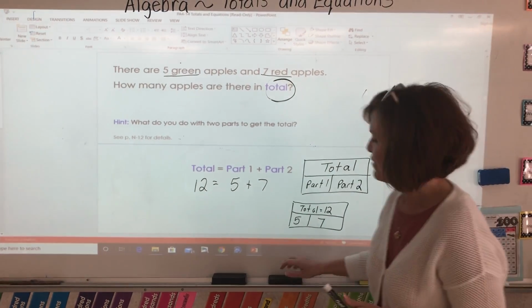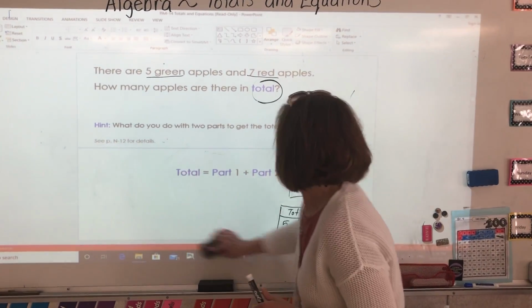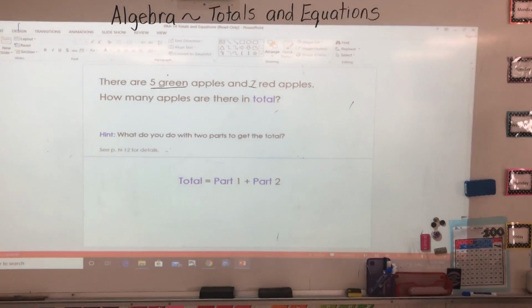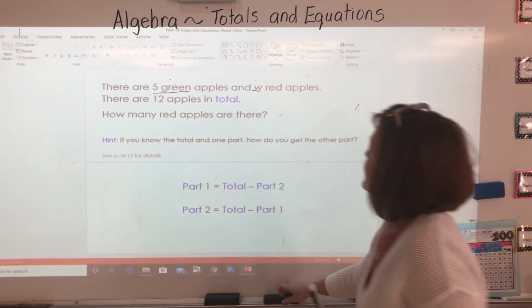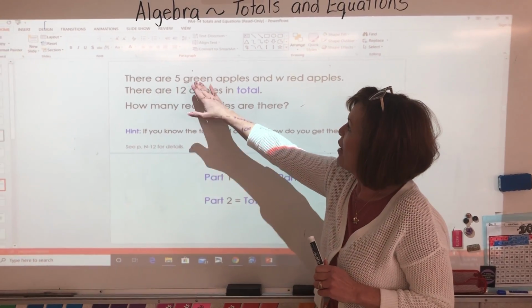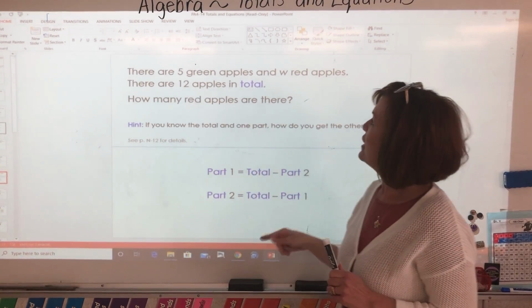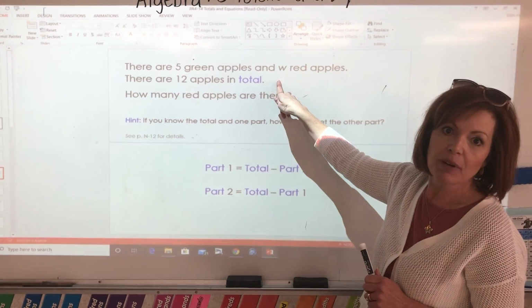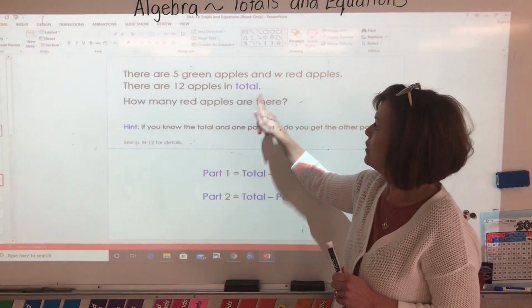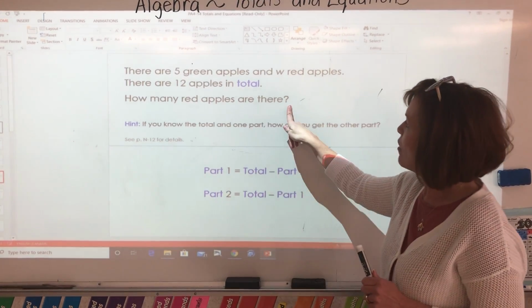All right, let's investigate this some more. This time, they're going to give us only part 1. There are 5 green apples and W, unknown red apples. There are 12 apples in total. How many red apples are there?